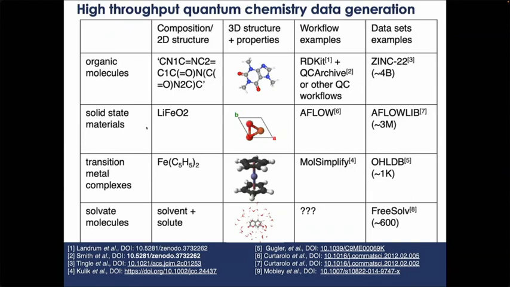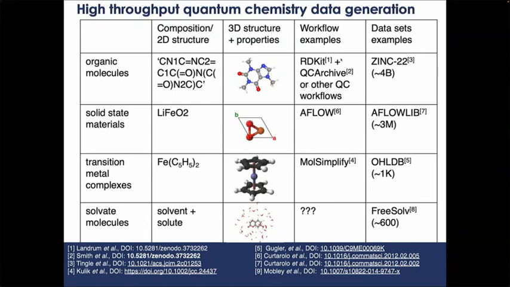So here I'm just listing a few examples in different subfields of chemistry. I think the most successful stories are in organic molecules, small molecules. There are already a lot of very mature workflows that do this conversion from composition to 3D structure and calculation of properties.